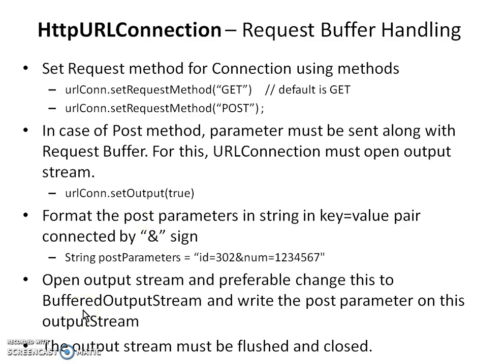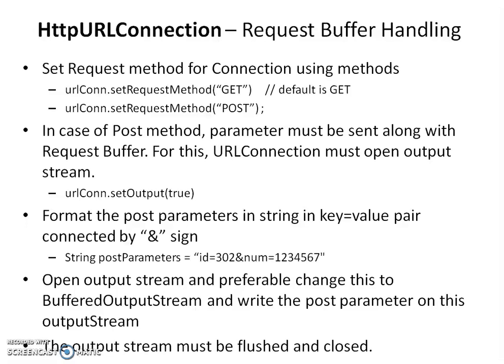And having done that, we will open the output stream, preferably change this to a buffered output stream, and write the post parameters on this output stream. This output stream must be flushed and closed. Once it's flushed and closed, we will start getting the response.